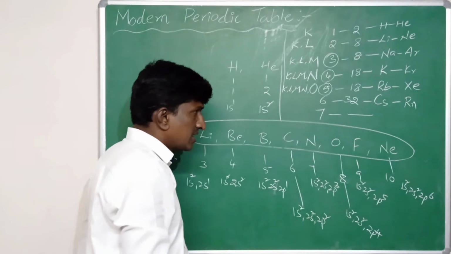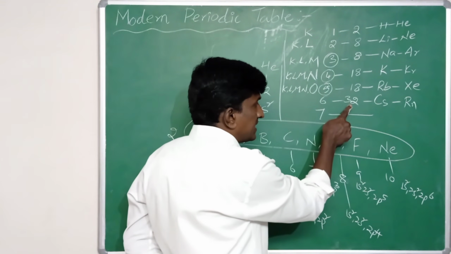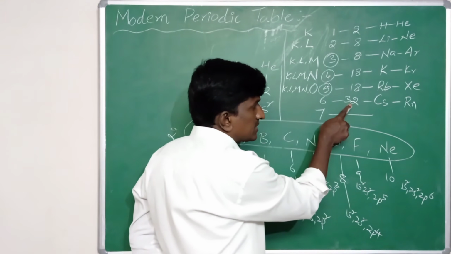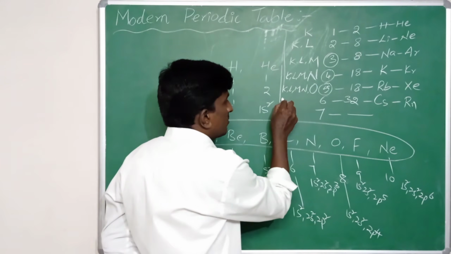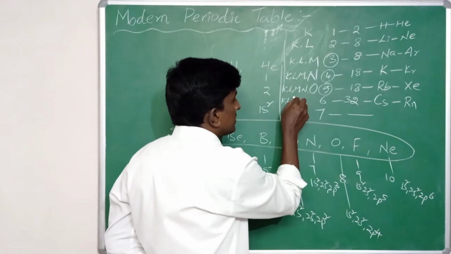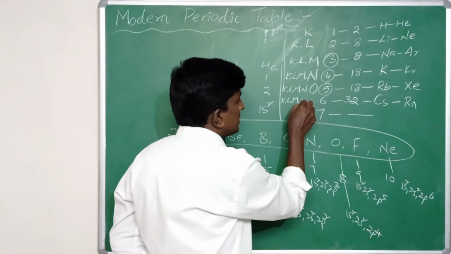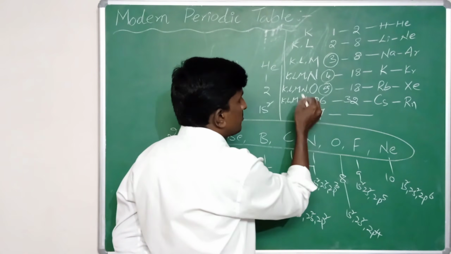Then come to the sixth period, and there are 32 elements from cesium to radon. They have K, L, M, N, O and P shells.